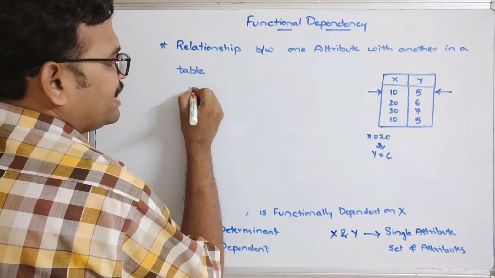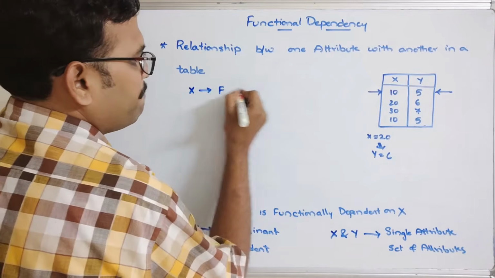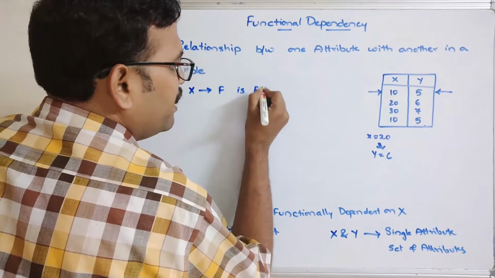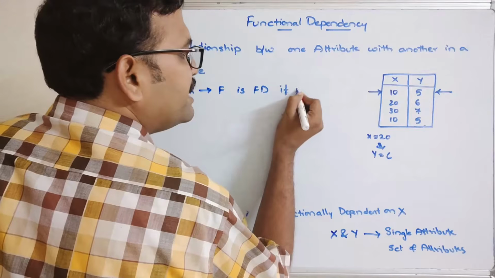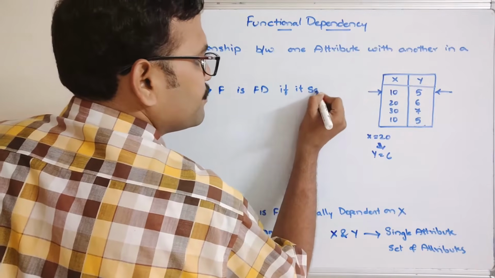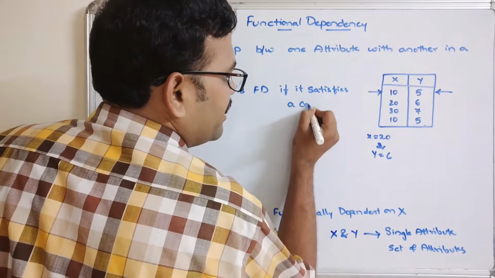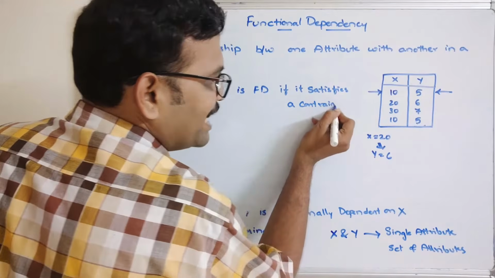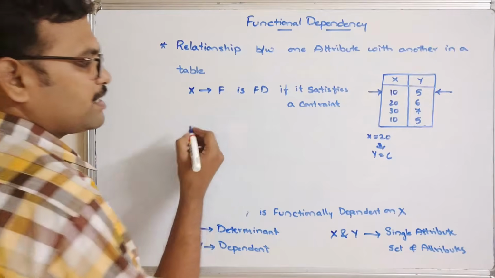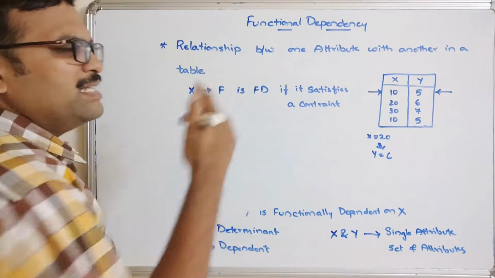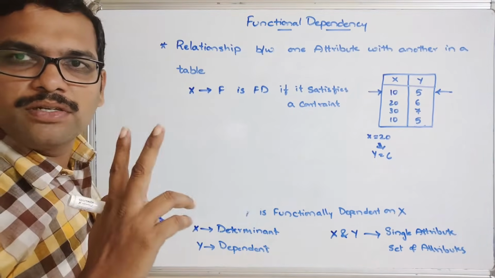One thing, when we call it a functional dependency, x tends to y is functionally dependent if it satisfies a constraint. So what is that constraint? Consider any random two tuples.